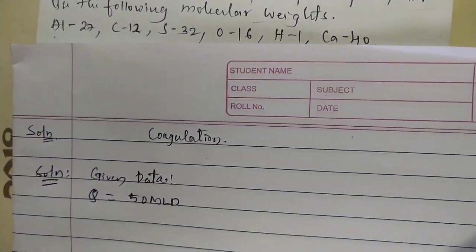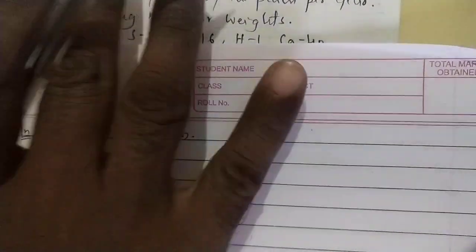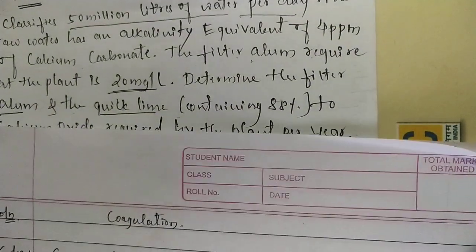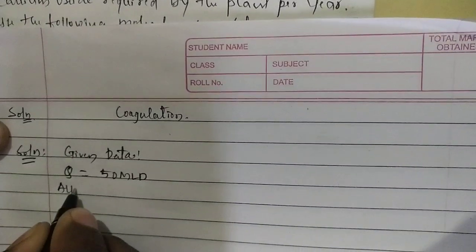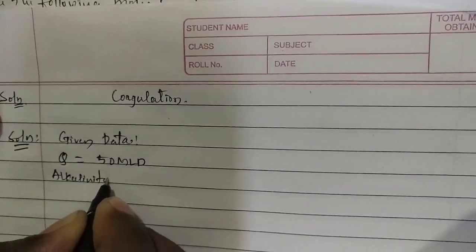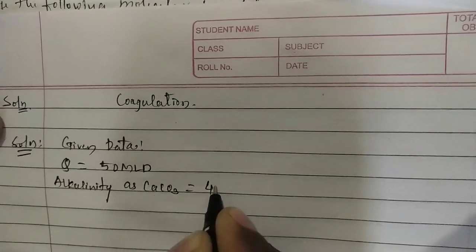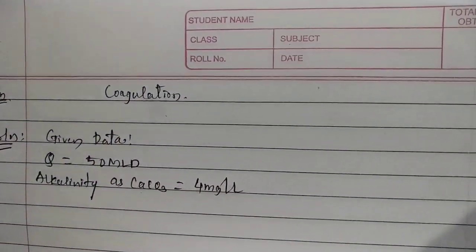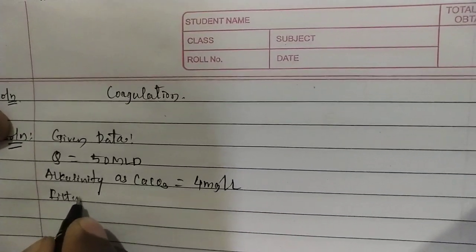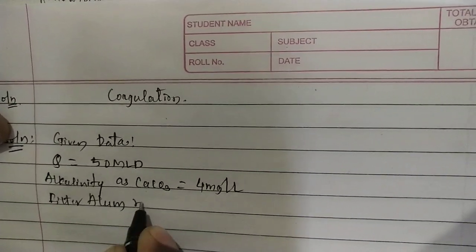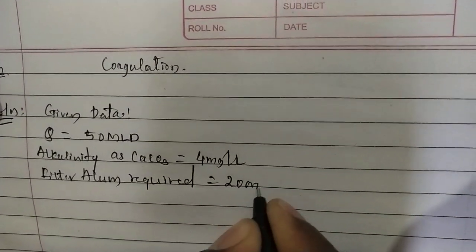Next, the raw water has an alkalinity equivalent to 4 ppm. So alkalinity as CaCO3, calcium carbonate, is 4 mg per liter. Next, the filter alum required at the plant is 20 mg per liter.